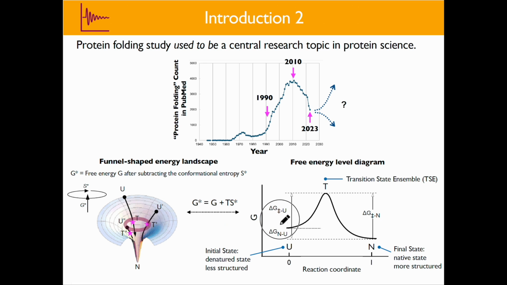There are three free energy differences here. This is the activation energy for the forward reaction, this is the activation energy for the backward reaction, and this represents the stability of the system, the free energy difference between the U state and N state.